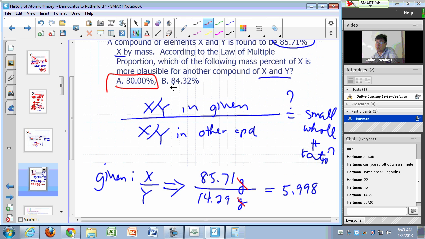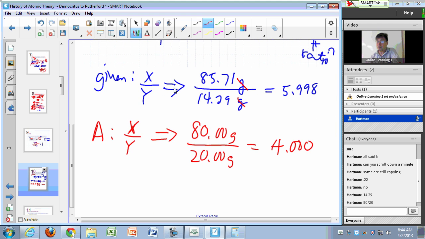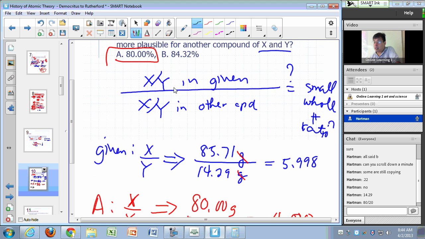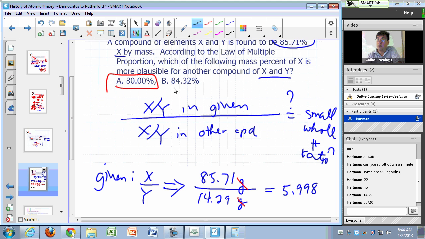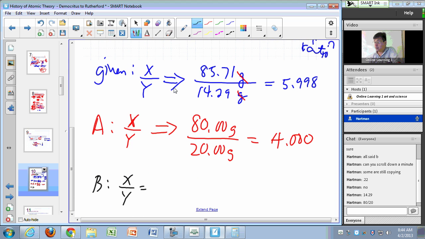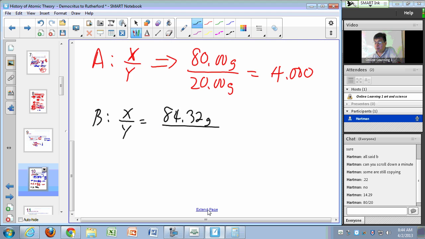What would that ratio be for the other compound? If B was another compound of X and Y, what would be your X to Y ratio? According to this, B is 84.32% X. So 84.32 grams X. How much Y would that be?